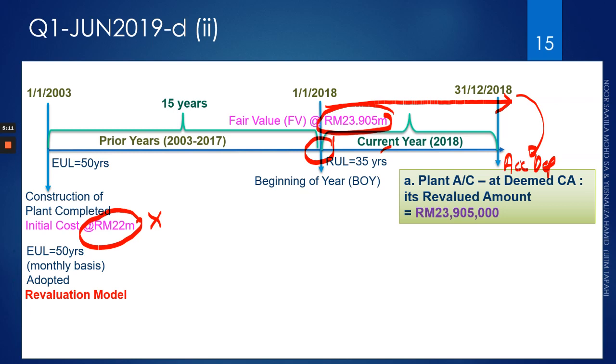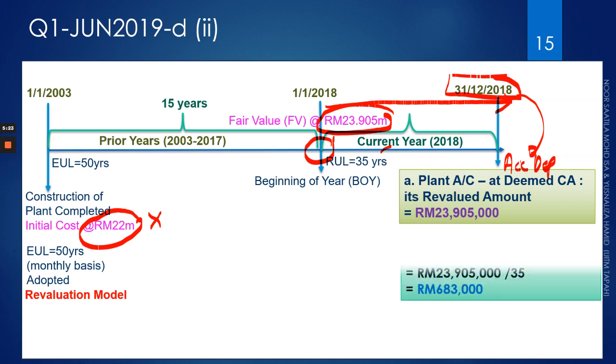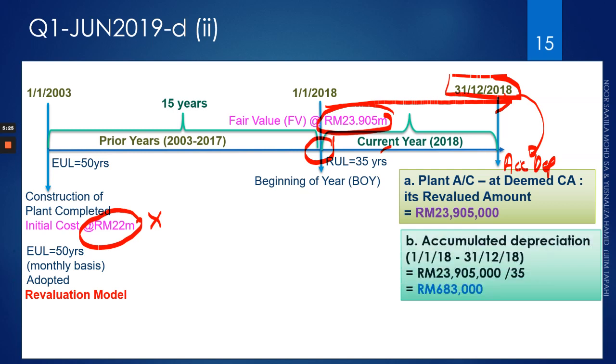So plant account, as I said to you earlier, you are asked to calculate the plant balance as at 31st of December, and therefore it is still at 23,905. Why? Because if you have your plant on 1st of January 2018, it will still be having the figure 22 million.